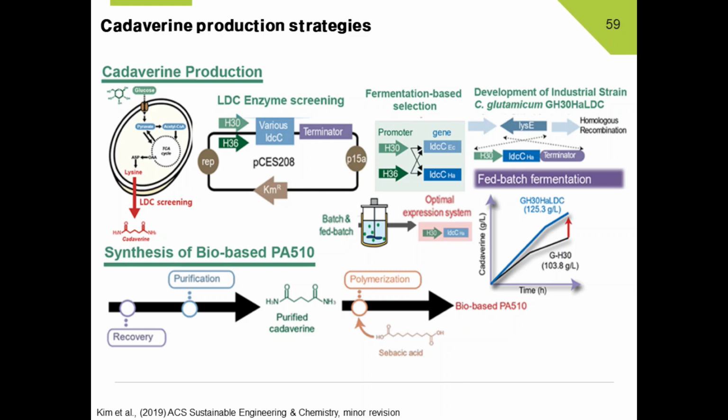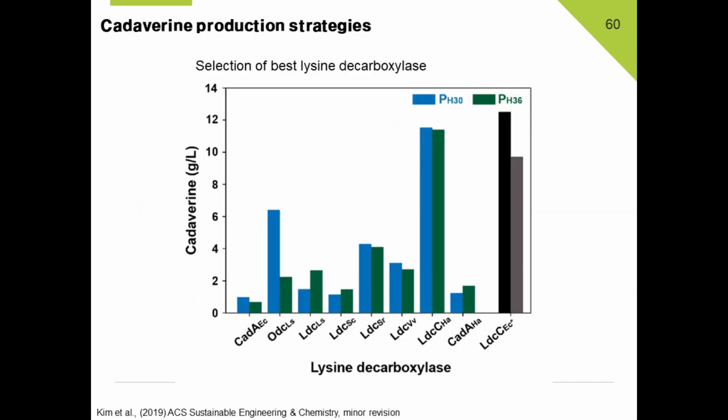However, lysine decarboxylase from Hafnia alveoli was able to produce a higher yield compared to our previous paper. We also inserted the H30 Hafnia alveoli expression cassette into the genome in the same site, the lysine export site, and we synthesized and compared the quality of the bio-based polyamide again.